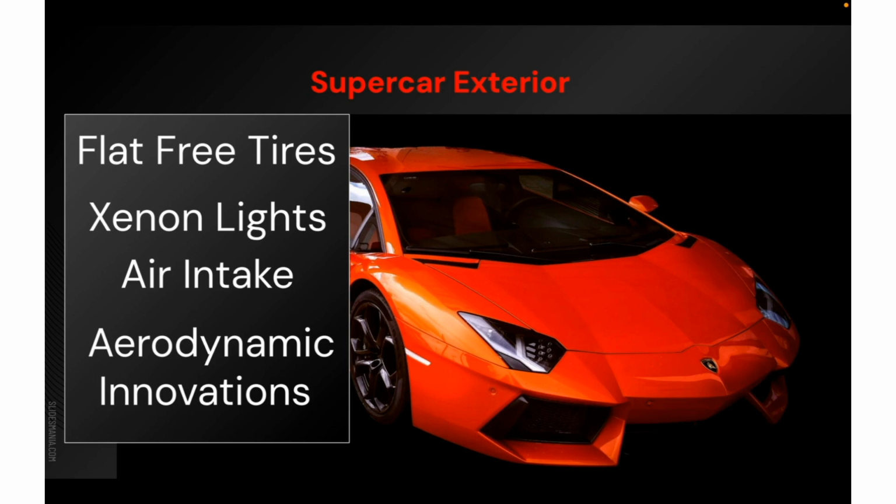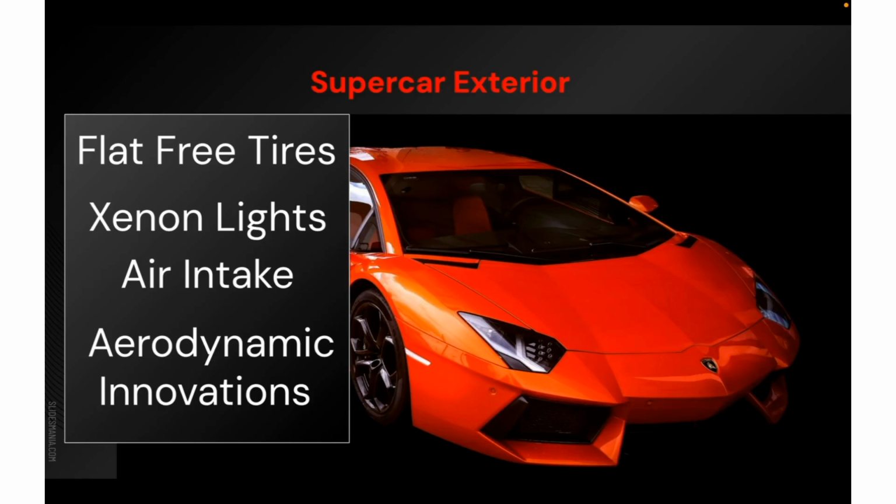The xenon lights not only look great, but you can see the road way better. The high performance air intake and aerodynamic innovation allow for more speed. And who doesn't want that? Right? So I'm presenting the details with my words, but the words that I want them to remember are still on the screen. So if you have specific vocab words that are needed, they're still right there.